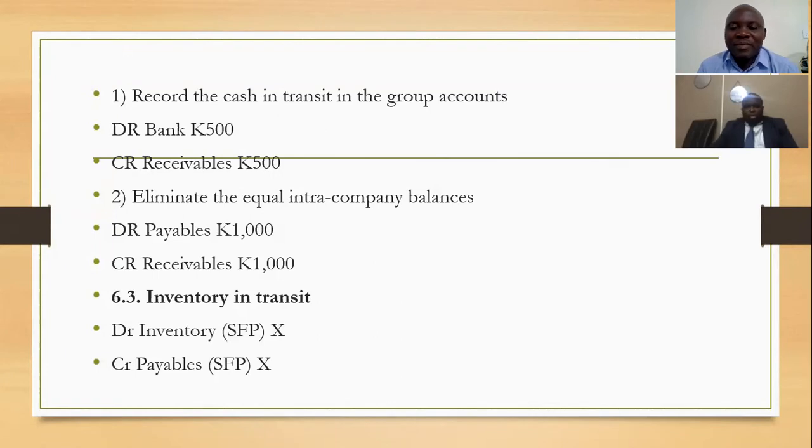So you debit inventory to assume that you have received the inventory from the parent company or from the subsidiary company, depending on who is bringing this inventory. Then you credit payables, because under inventory in transit, you're assuming that this transaction is not on a cash basis. So you debit inventory, you credit payables.